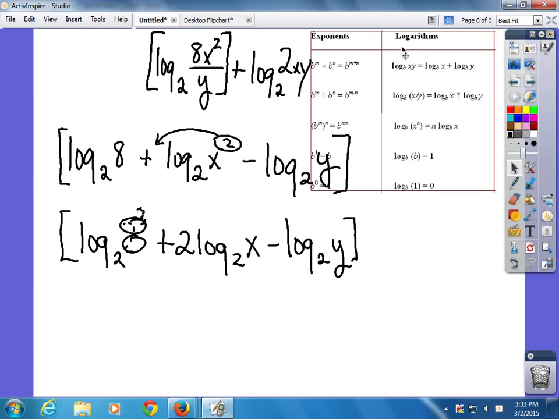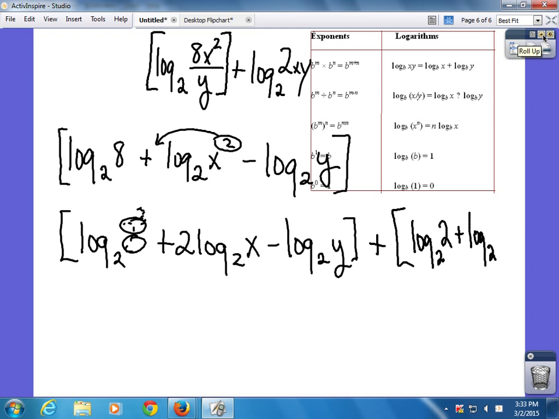So we're going to keep expanding. We're going to put a plus here. What is this going to be? Well, we got 3 here that's multiplying. So that'd be log base 2 of 2 plus log base 2 of x plus log base 2 of y. And that's all the way expanded.